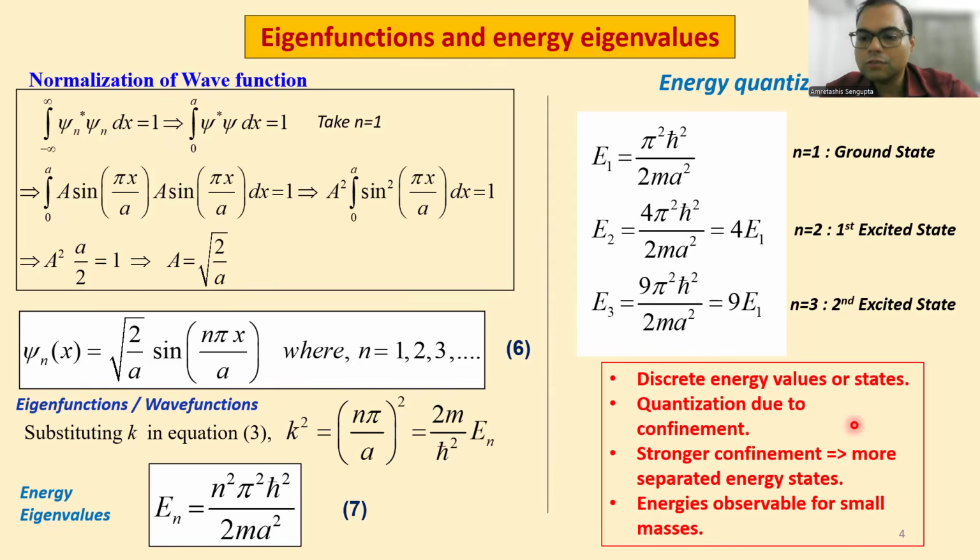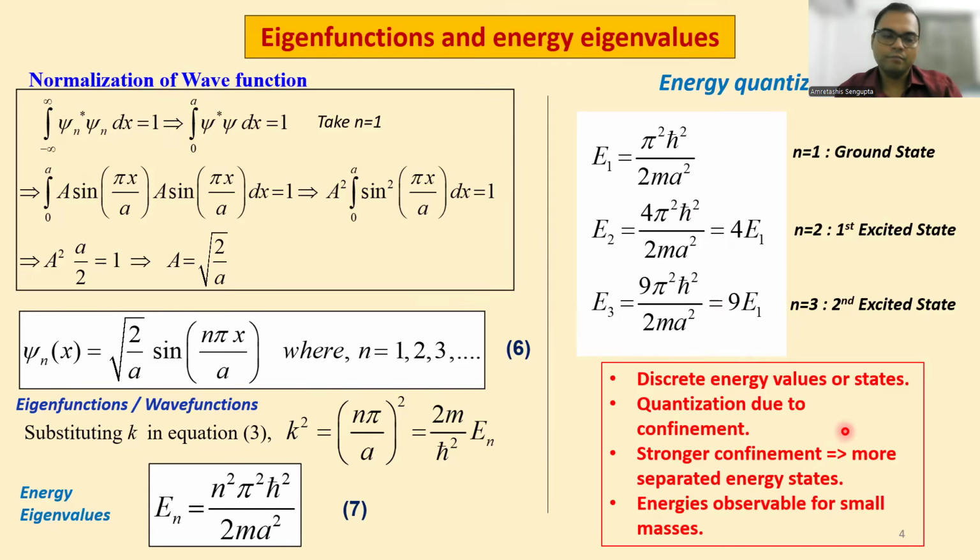If we have a stronger confinement, that is a smaller length of the box, since the length squared is inversely proportional to the energy, that would mean not just an increase in energy, but, if we look closely, more separated energy states.